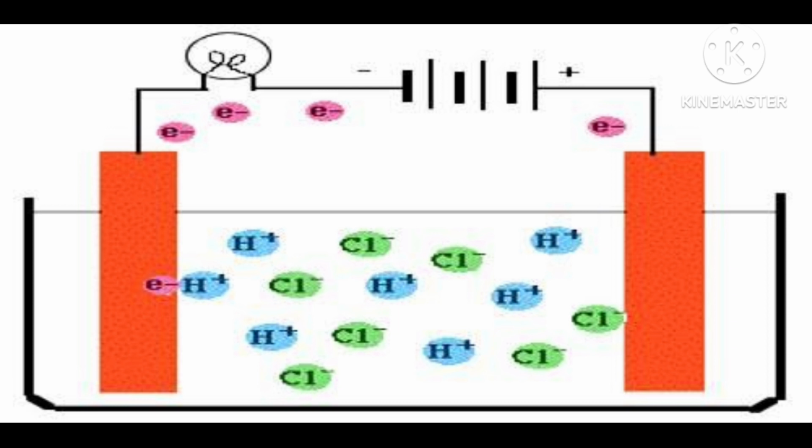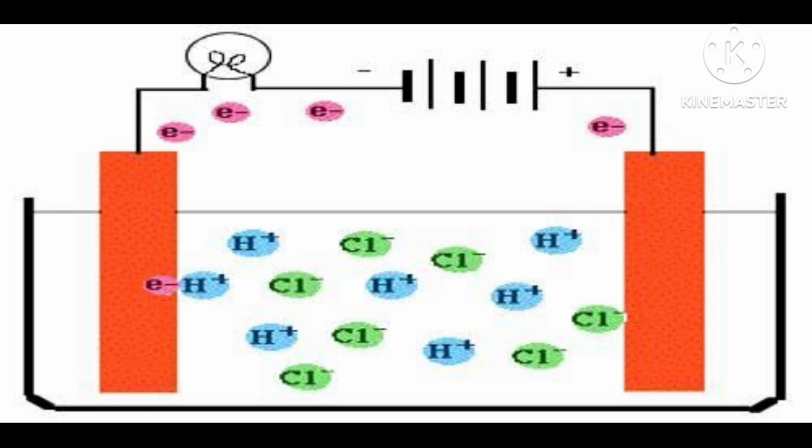Mathematically, the electrical resistance of any object is directly proportional to the length and inversely proportional to the cross section. R is directly proportional to L upon A.